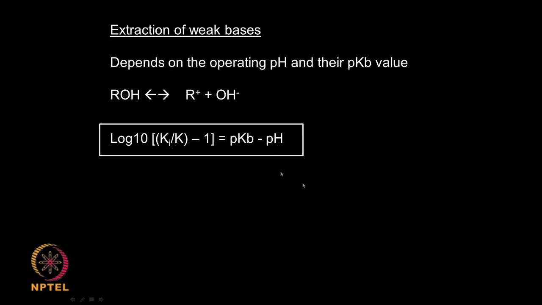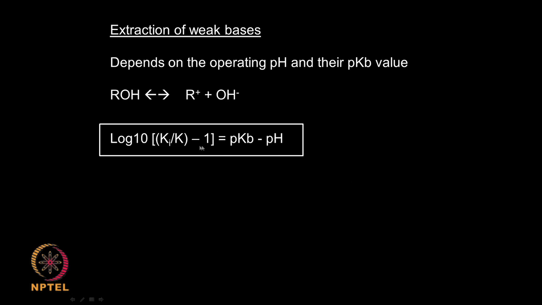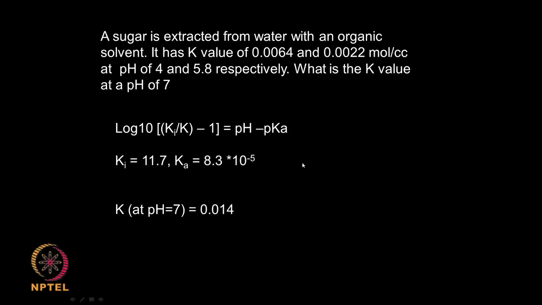Okay. Similar thing, if you have problems related to bases, we can do the same thing actually, right. Of course, again here also Ki will not change with pH, whereas K will change with pH, because as pH changes, the dissociation of the weak base also follows this particular relationship. Okay, that is what this problem is all about.